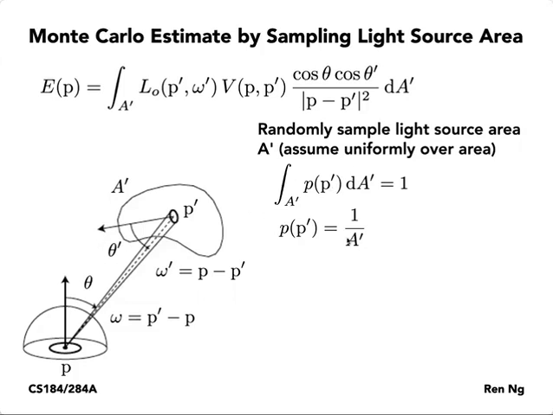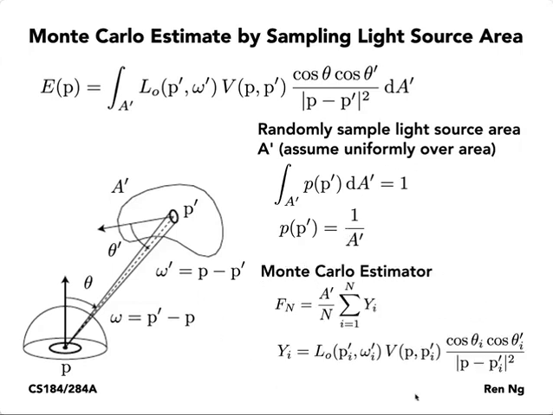Anyway, we sample, in this case, uniformly over area, and then the Monte Carlo estimator for that integral turns out to be this thing over here. It's the integrand evaluated at that specific randomly sampled point P prime, and then just applying the formula for the Monte Carlo estimator.